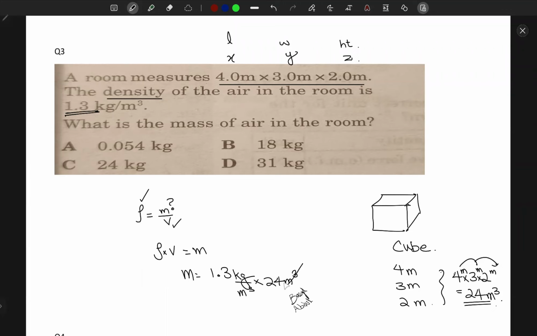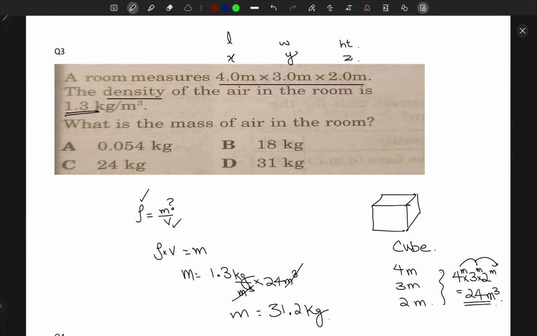So meter cube cancels with meter cube. And if you do the math, what do you get? Anyone has a calculator with them at this point? It's 31.2. 1.3 times 24, it's 31.2, the answer. So 31.2 kilograms.